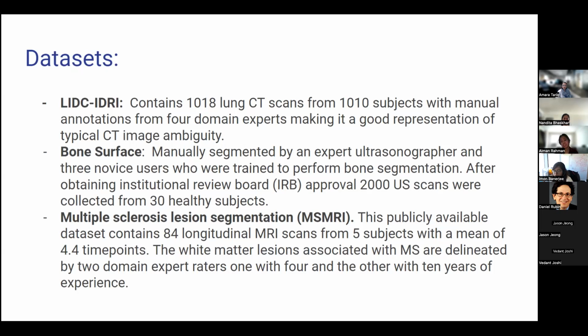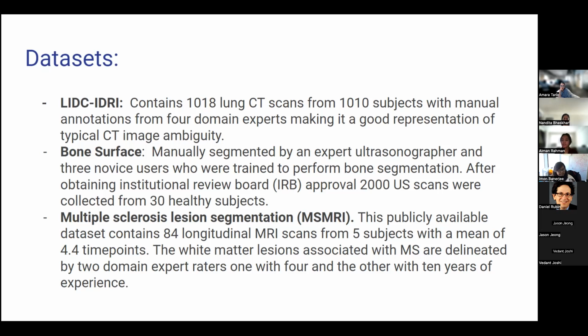The bone surface is just a curved linear segmentation, a thin line. Ultrasound can be noisy, so there is some ambiguity there. In this dataset, we have one expert and 3 novice users doing the segmentation.